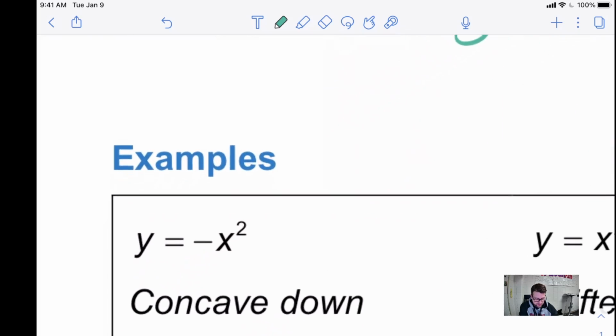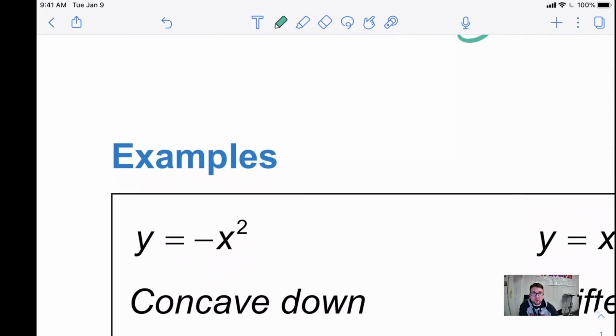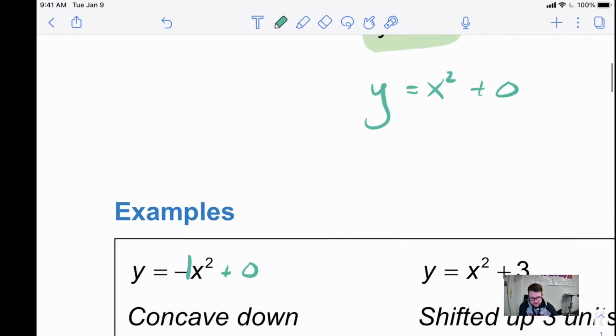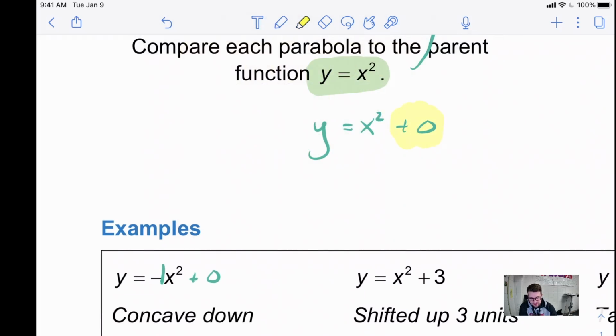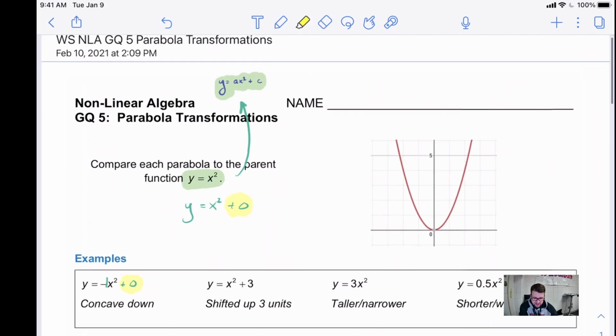So looking over here, we have a couple different things. What we notice about this one, right? If we just try to go back as close to that original form as possible, that ax squared plus c, we could put a 1 right here and a 0 right here. Now, remember, the 0 kind of is part of this. We just don't necessarily need to show it every time if it's not there. So we do have plus 0 in here. So we are thinking we're kind of similar to that.